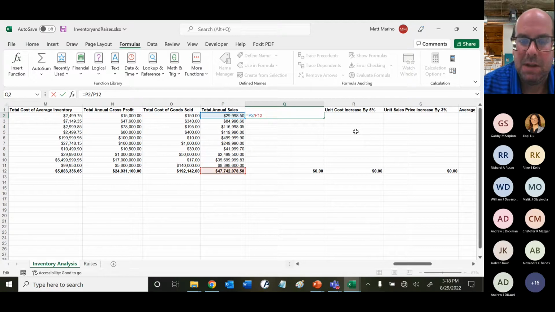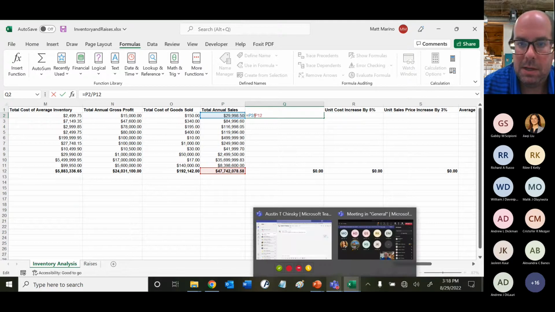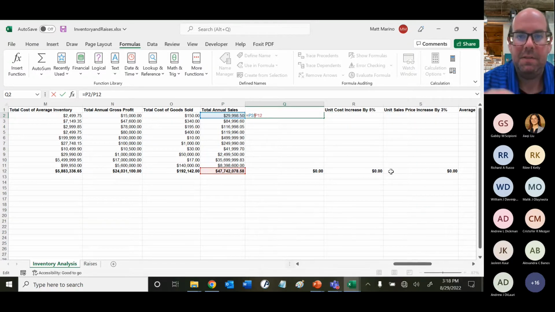Does anybody know how to do an absolute? It's very simple. All you have to do to make an absolute cell reference is put a $ sign before the P and a $ sign before the 12. So when we pull this down, the only part of this formula that changes is the first part. So P2 becomes P3, P4, P5, etc.